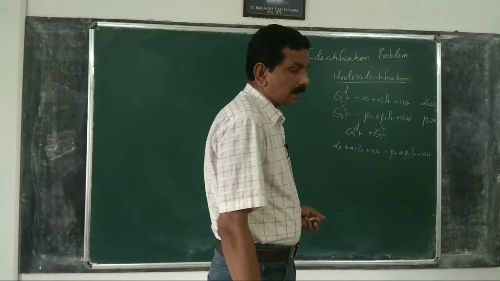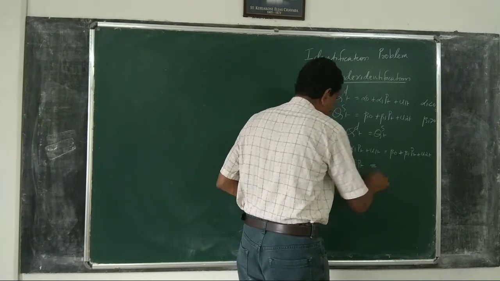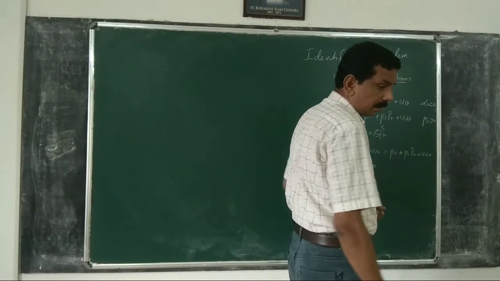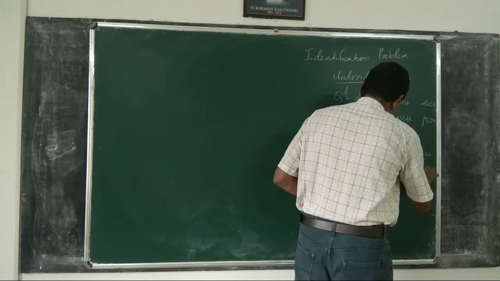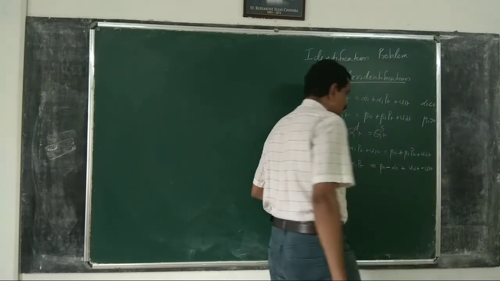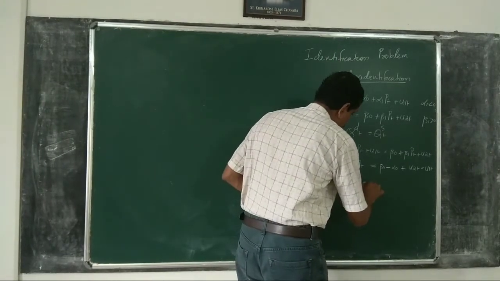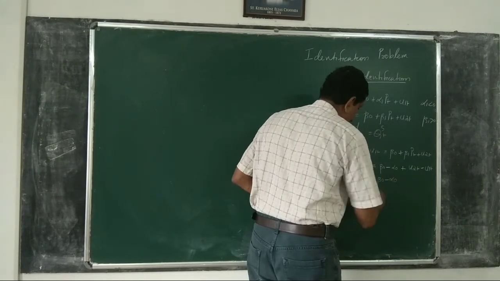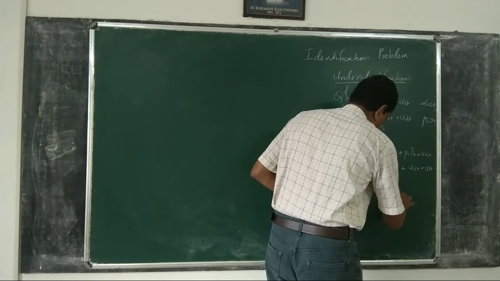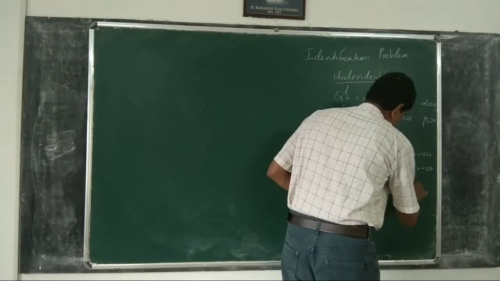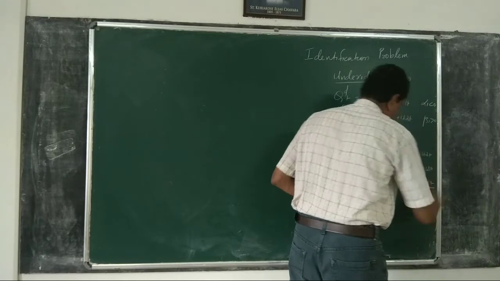Now, we can write it as alpha 1 pt minus beta 1 pt is equal to beta 0 minus alpha 0 plus u2t minus u1t, so that pt is equal to beta 0 minus alpha 0 by alpha 1 minus beta 1 plus u2t minus u1t by alpha 1 minus beta 1.